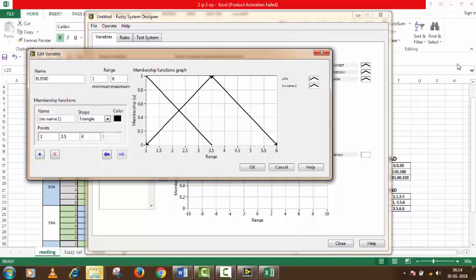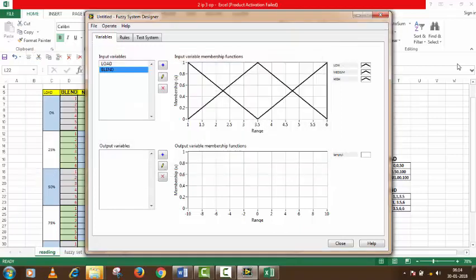The second will automatically frame, but you have to give the name medium: 1, 3.5, 6. So we have framed the membership function for load and blend.